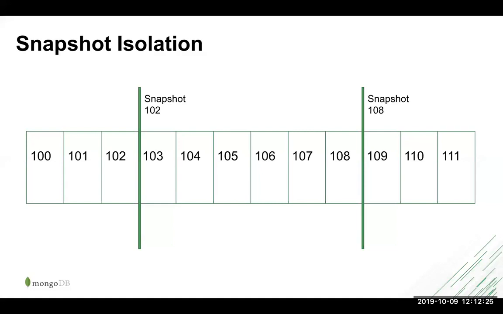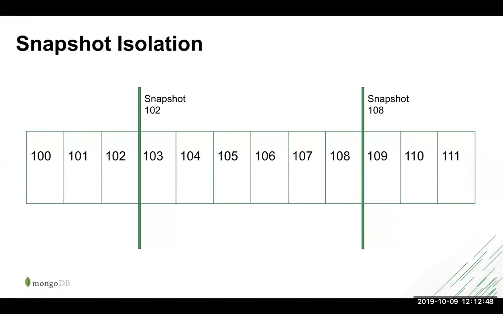And transactions keep the same snapshot throughout the duration of the transaction. So let's say in the extreme case, I have a transaction running for several minutes. Well, that snapshot is going to get staler and staler over time. Now, this is, of course, standard with snapshot isolation across any system, but something important to keep in mind as we go forward.